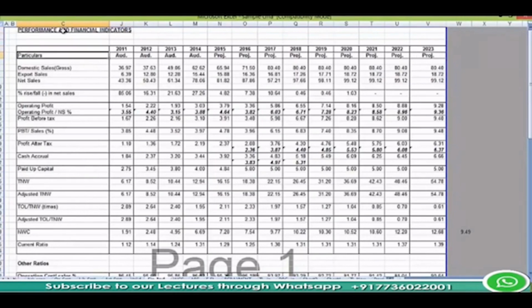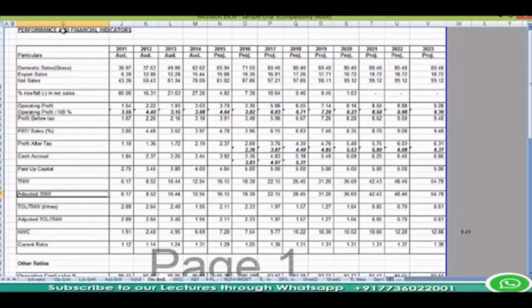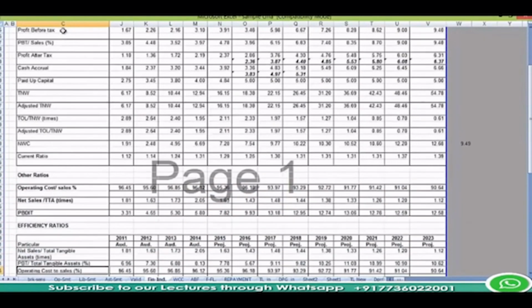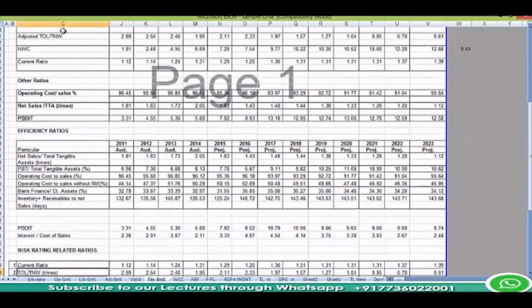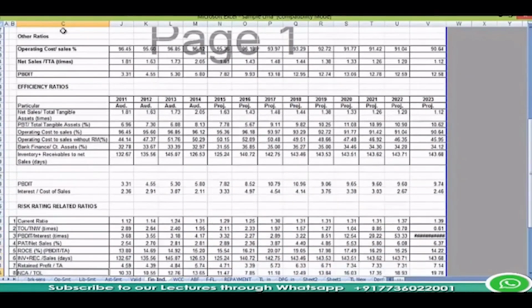It starts with operating profit, then profit before tax, profitability, cash accrual, paid up capital, TNW, adjusted TNW, like that. It goes on with many ratios, efficiency ratios, then risk rating related ratios, and it keeps going on.